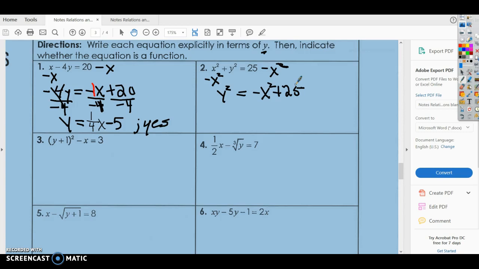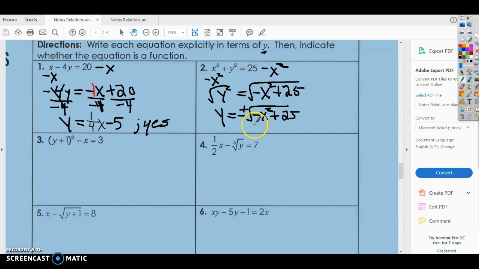Okay, so we have to take the square root of both sides. When we take the square root, we always have a plus or minus. Okay, so it's going to be plus or minus the square root of -x squared plus 25.